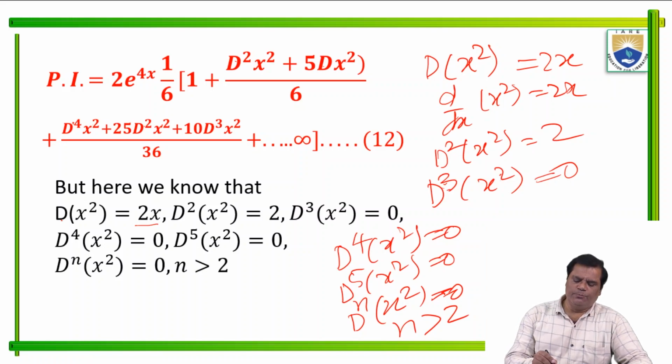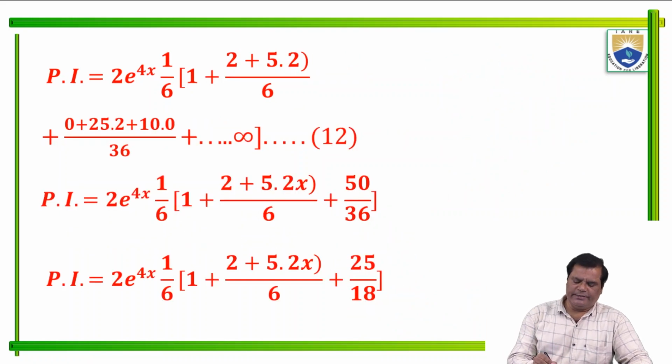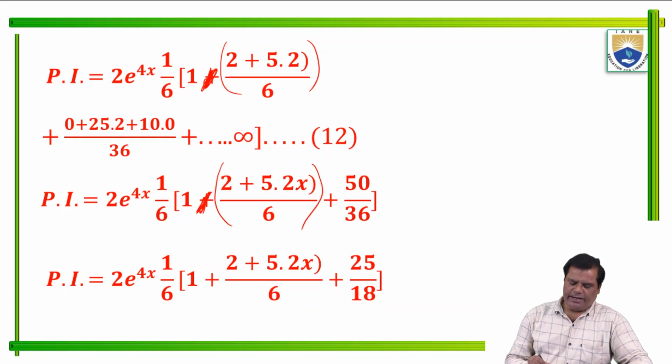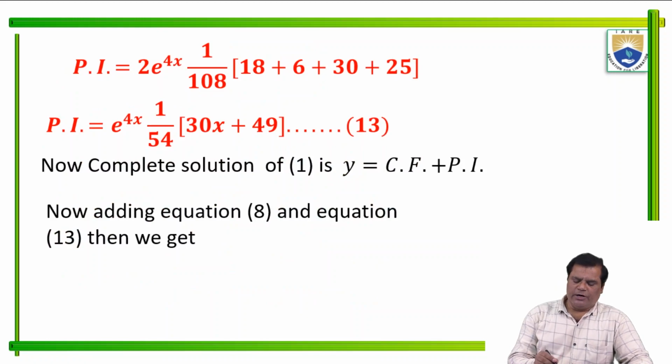So putting these values in equation 12, we get, here is a minus sign, and next here this is also a minus sign, so this minus, and this also minus.